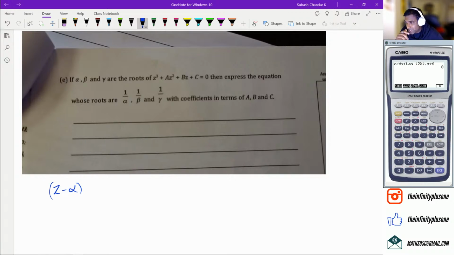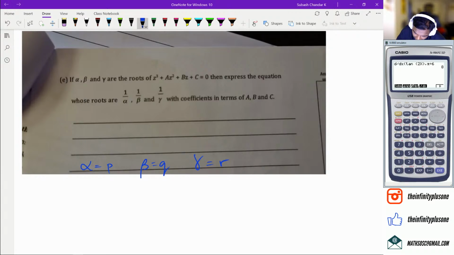I remember doing this question, and I hated using alpha, beta, and gamma. So I'm actually going to change the letters to alpha equals P, beta equals Q, and gamma equals R. Just because I hated writing with those symbols.